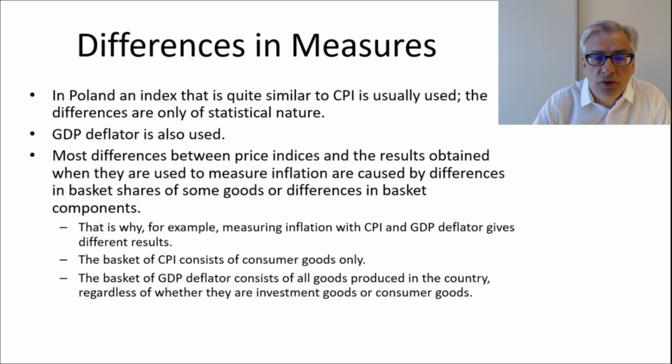Economists use also the gross domestic product deflator to measure how prices change in the economy, but this is more general. This is more about all goods and services produced in the economy, not only those that we consumers are really interested in.